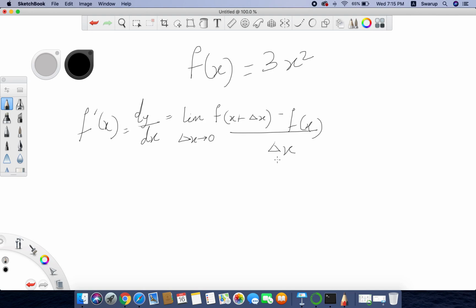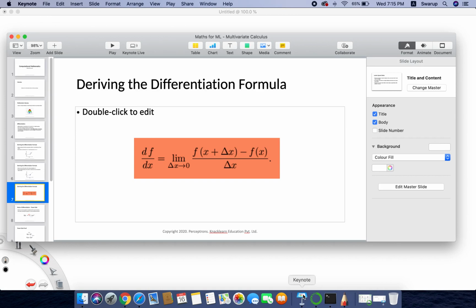So this is the formula for deriving the differentiation. Here we just looked at the formula.